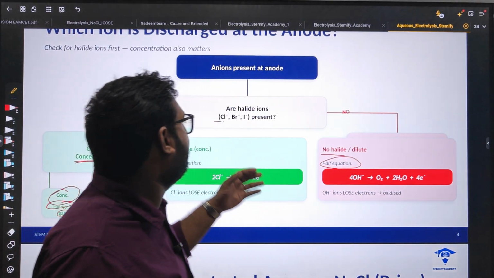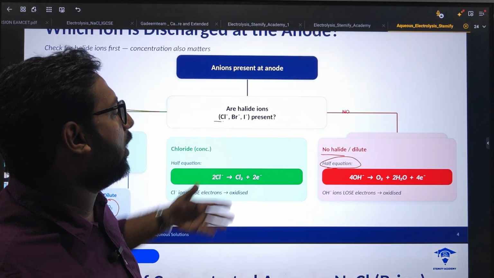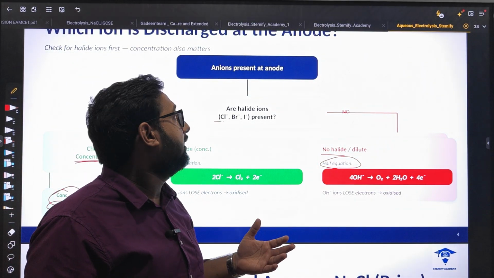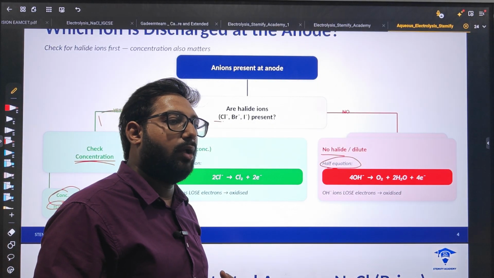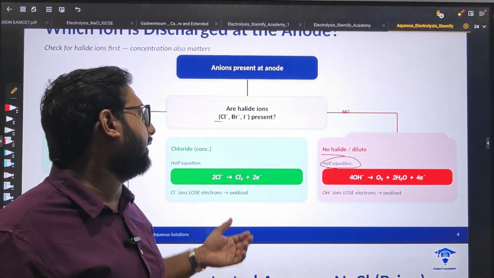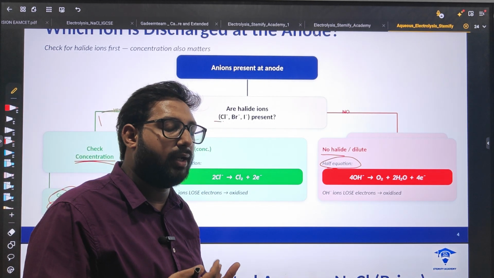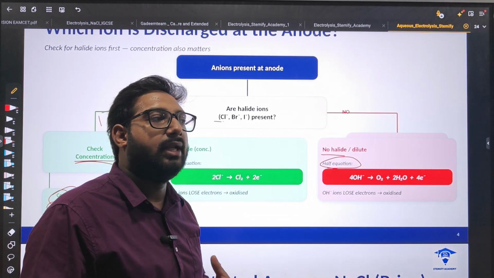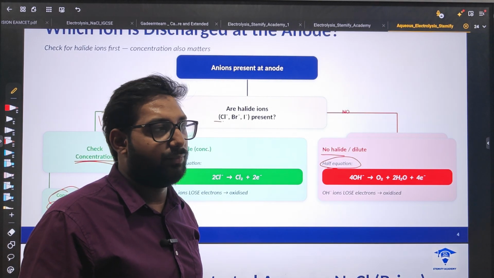So what happens if fluorine, bromine, and iodine are not present? See, at anode, ions which are most reactive get discharged. And in the periodic table, chlorine, bromine, and iodine are the ions which are most reactive.